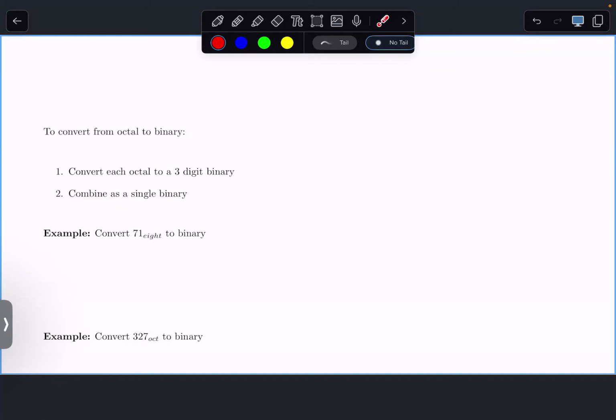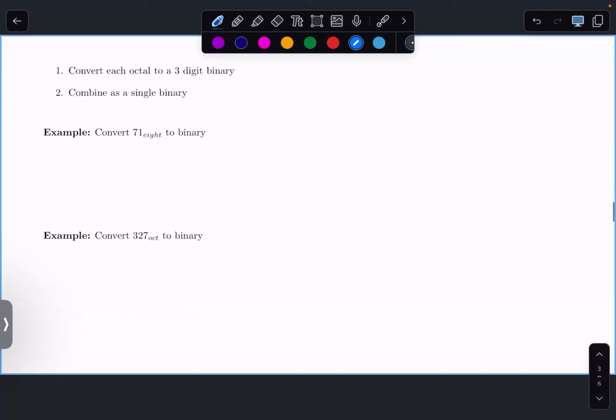Let's see, maybe something like 7, 1 base 8. 7, I just established, is going to be 1, 1, 1 base 2 in binary, and 1 is 0, 0, 1 base 2.